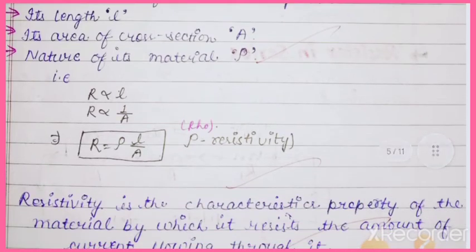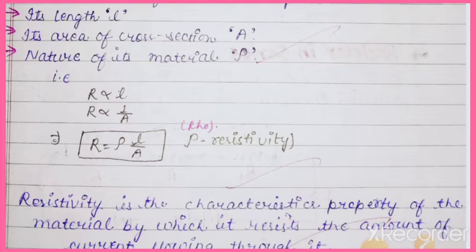And then we require some material property. So R is equal to rho L upon A. To remove the proportionality, we use a constant, and here the constant is resistivity.